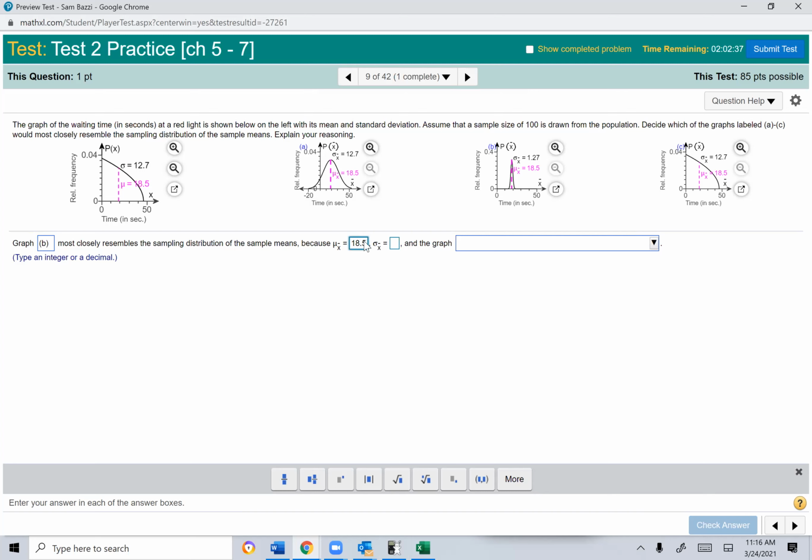It has to be the same mean, the central limit theorem. And the standard deviation equals 1.27. And the graph approximates a normal curve. It has to be normal. This one C is not normal, guys, so you cannot use it. And anyway, look at the standard deviation. It's the same as the original. It can't be the same as the original. It has to be a lot less.